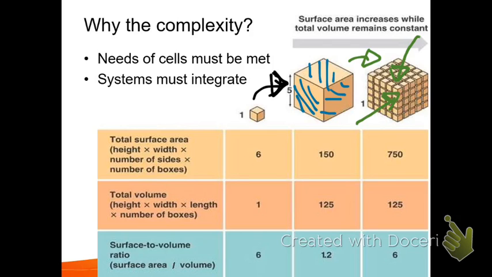Instead, what you'll see is a network of blood vessels that will go in between all of these little gaps and fill a lot of these spaces. Not necessarily every single one, but they'll make sure that there is very good coverage to the cells in the body. Each cell needs to have its needs met, which means it has to have ready access to a delivery of what it needs and a way to get rid of what it does not need anymore.